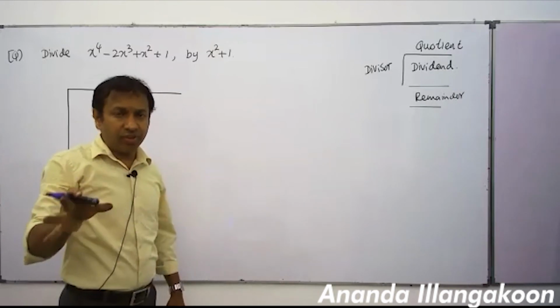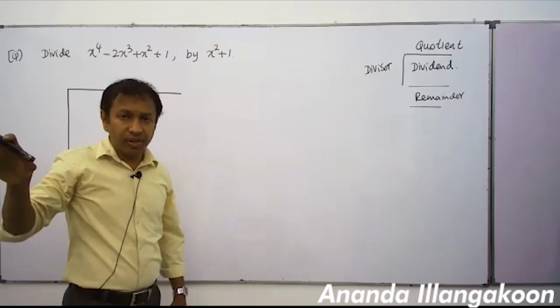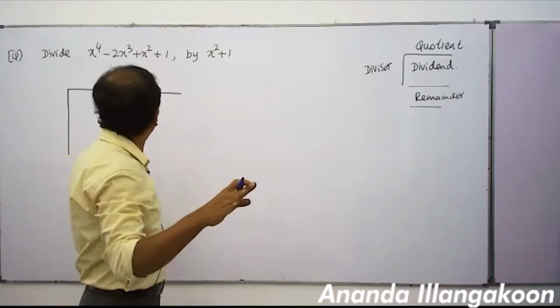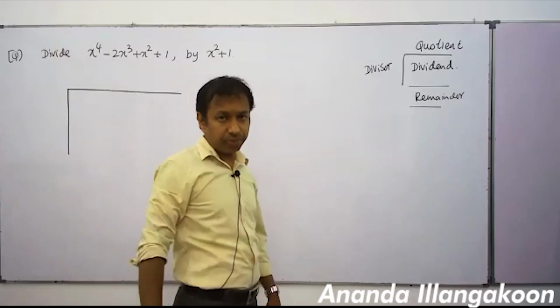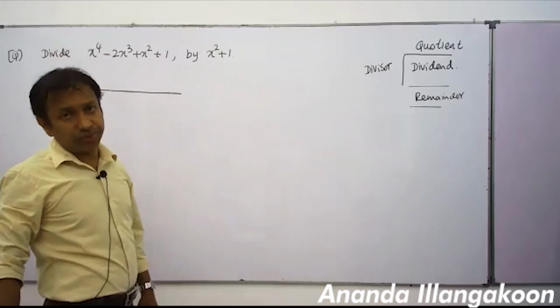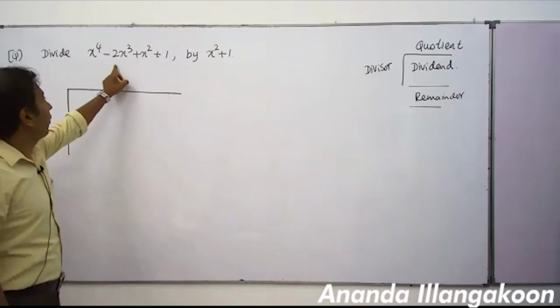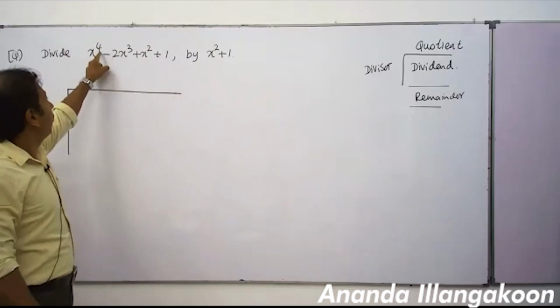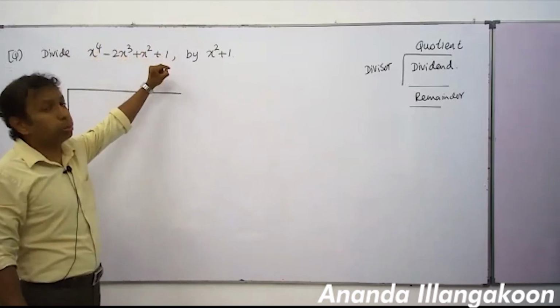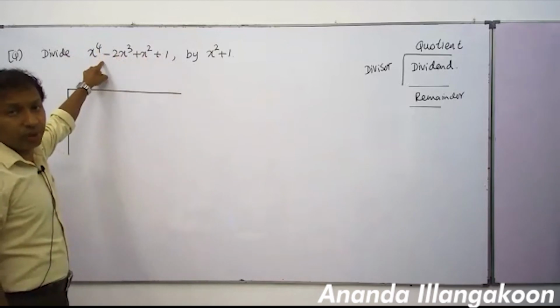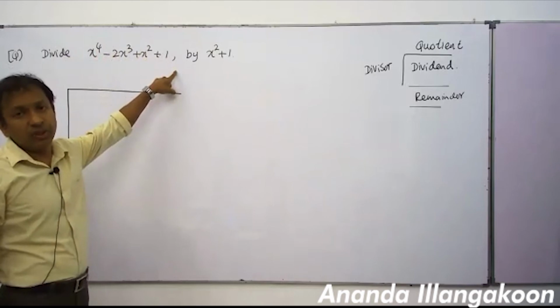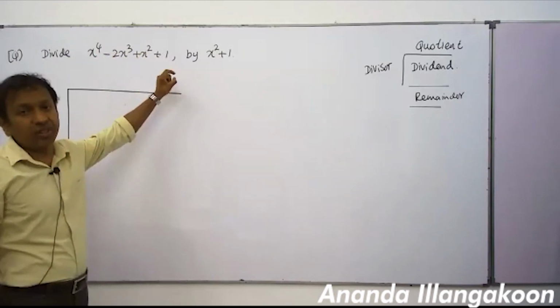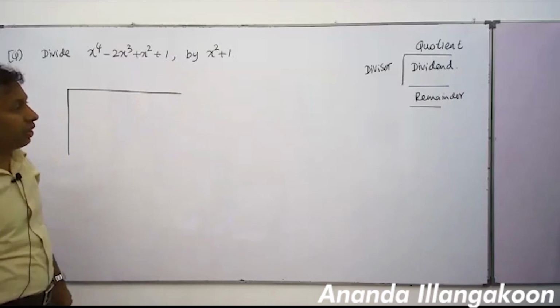Dividend and divisor both we have to arrange in descending order, from the highest power to lowest power. The powers of the terms should be in descending order for the dividend and divisor both.